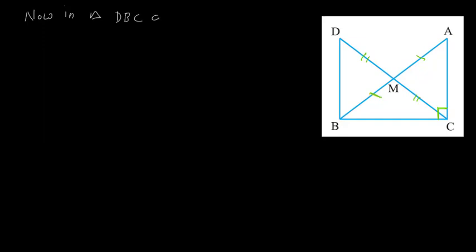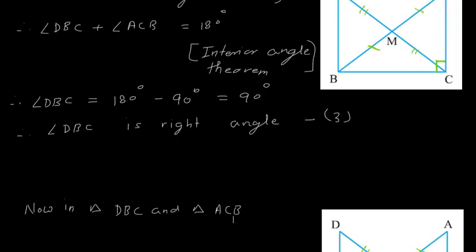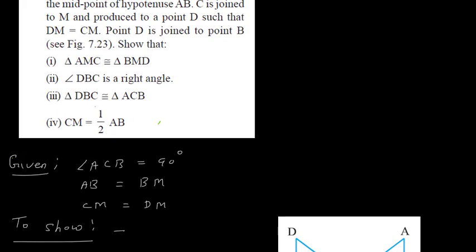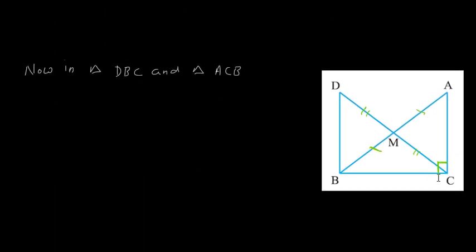Now in triangle DBC and triangle ACB, DB is equal to AC.